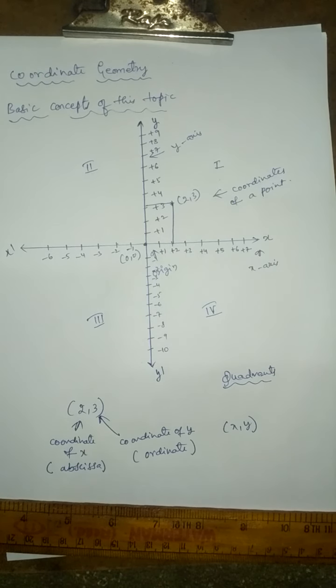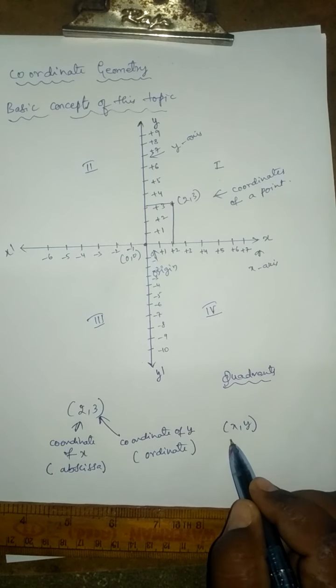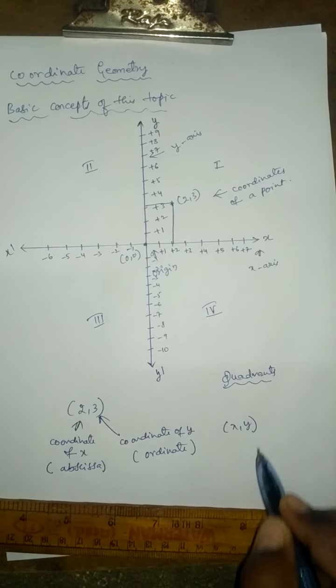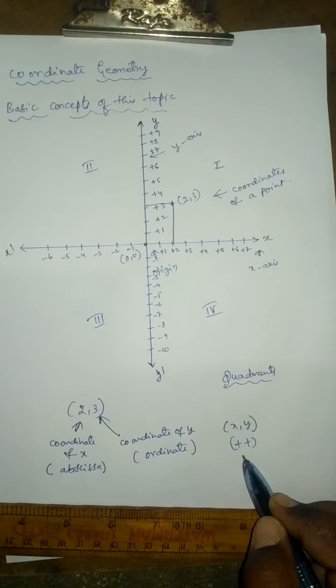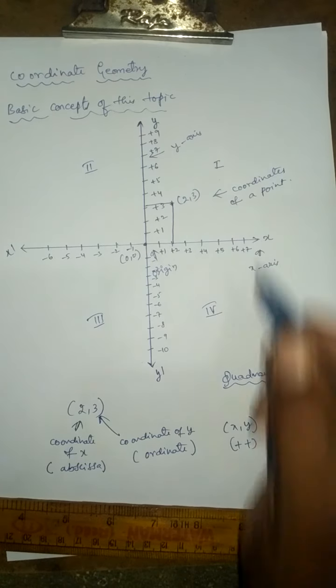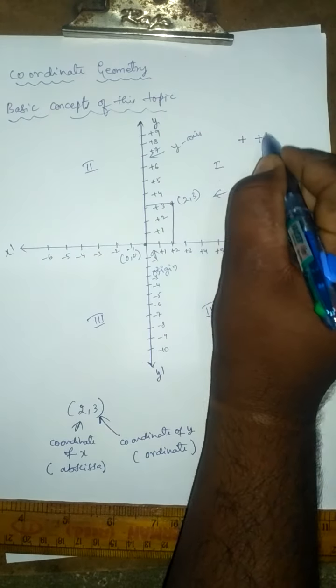For the coordinates (x, y), depending on the sign of the coordinates, they will exist in different quadrants. If the x coordinate as well as the y coordinate are both positive, then these coordinates will exist in the first quadrant.